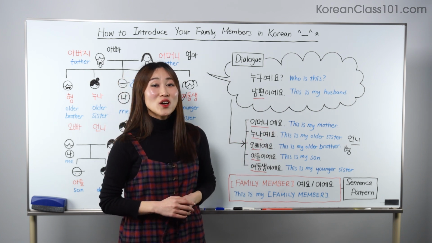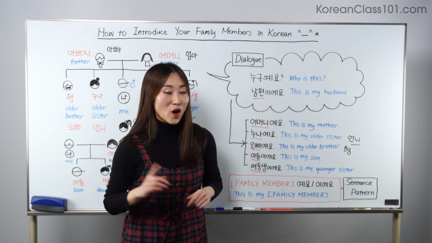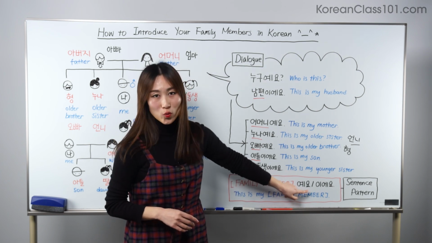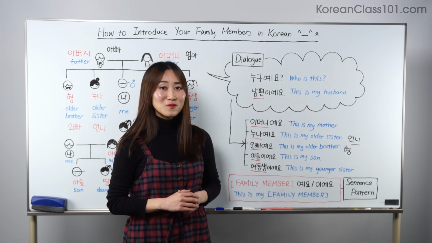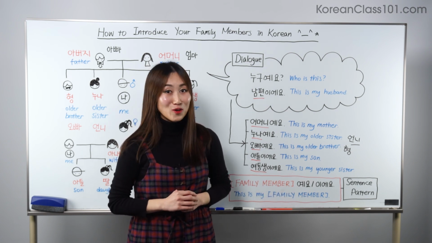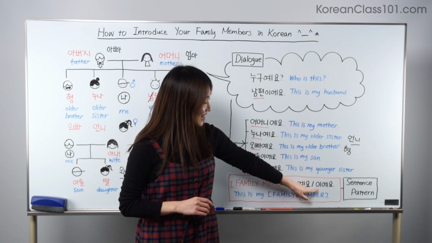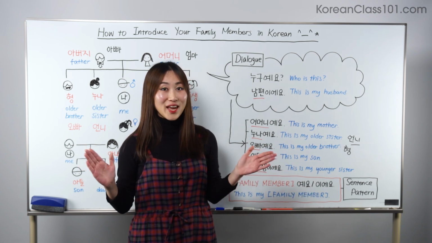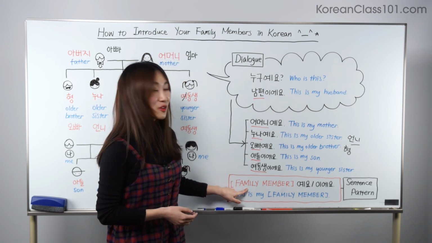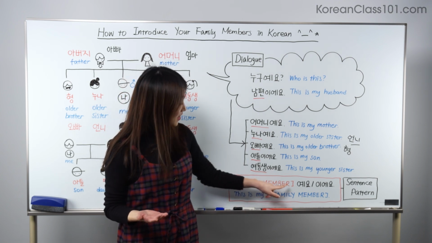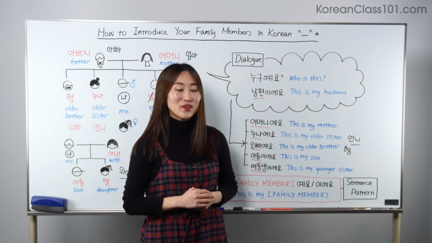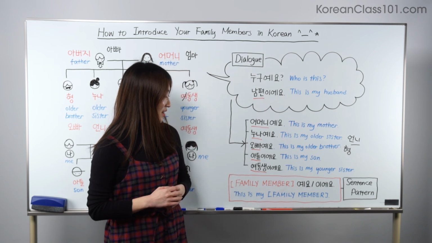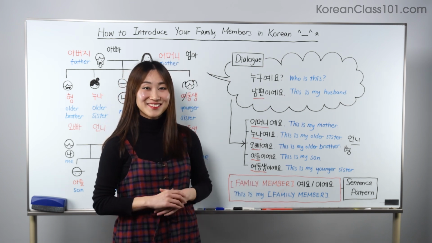If a word ends with a vowel, you use 예요. If the word ends with a consonant, then you use 이에요. So any family member is okay. Just say the family member in Korean, then say 예요 or 이에요. In English, it means this is my family member.